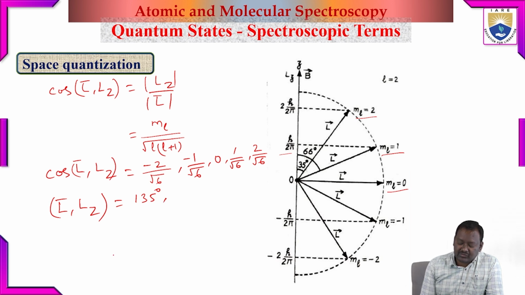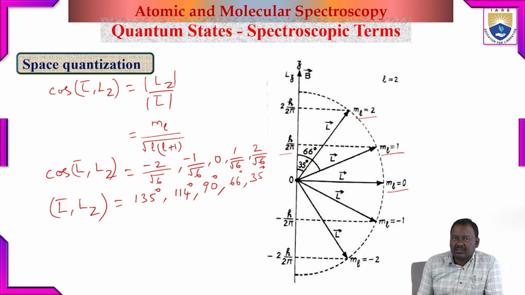Cos inverse of -1 by root 6 will be 114 degrees. Cos 0 is 90 degrees. Cos inverse of 1 by root 6 is 66 degrees. And cos inverse of 2 by root 6 is 35 degrees.